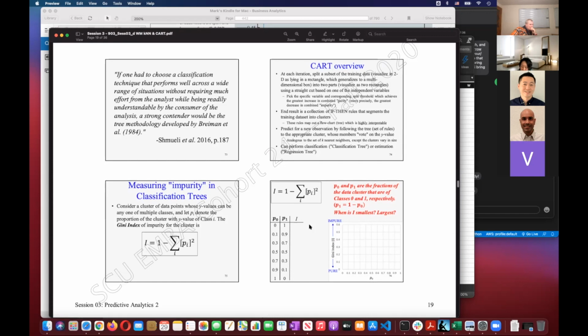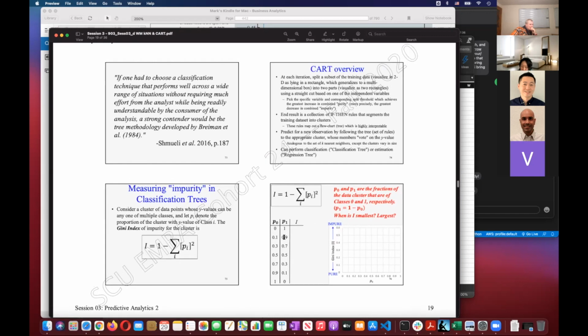So the second one is actually 1 minus 0.81, and the third one is 1 minus 0.49, 0.7 squared. So you just use the P1 as the mark for I. I think that's how he calculated it.